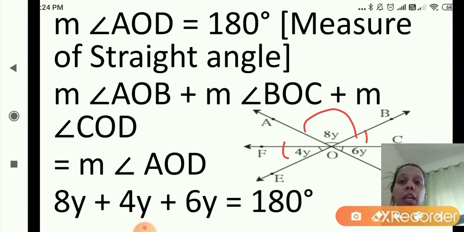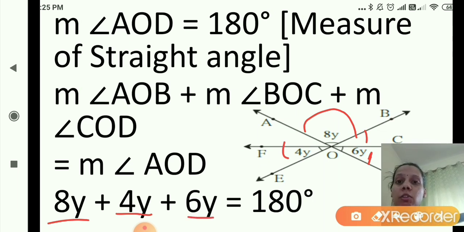So now we know the measure of angle BOC. What is it? Correct, the measure of angle BOC is equal to 4y, right? So we will write down here 8y plus 4y plus the measure of angle COD. This is given in the question, that is 6y.